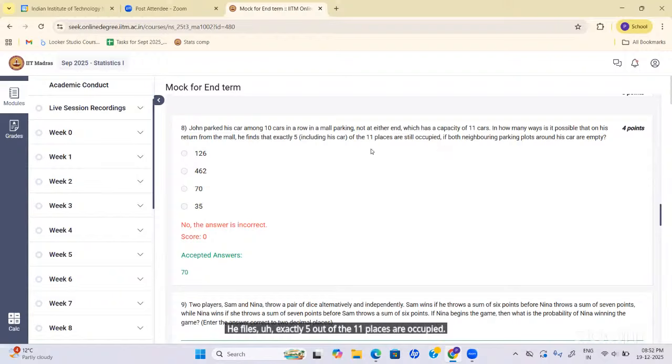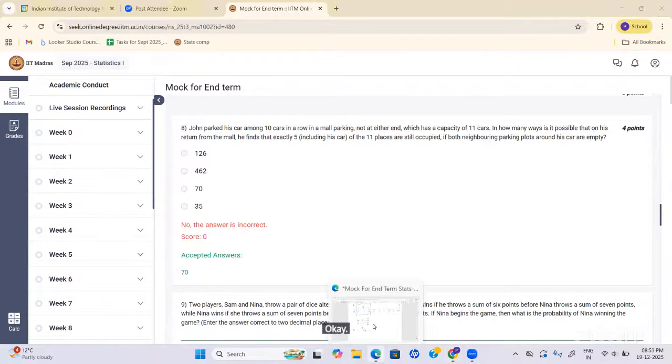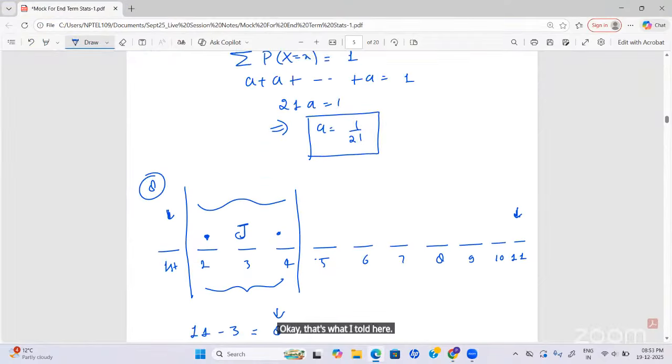So the meaning of this line is, in how many ways you can fill these 5 cars into the 11 places. We are not taking care of the arrangement of the cars. That's what I told here in this figure.